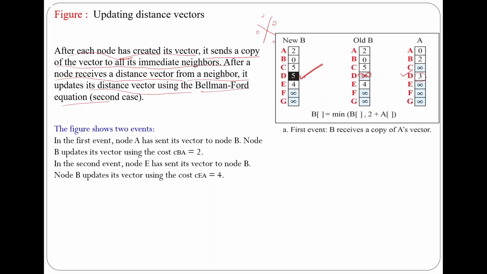Among 5 and 9, 5 is the least, so that will replace the infinity. In this way, every time the distance vector table keeps getting updated. In the updating process, the infinity values are replaced with some minimum cost path. So, understood how that infinity is replaced with 5? Now this becomes the new B table, the new distance vector of B.